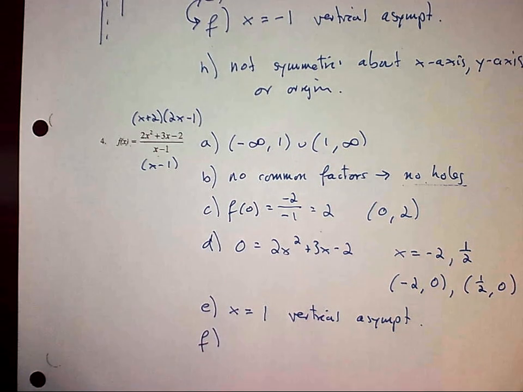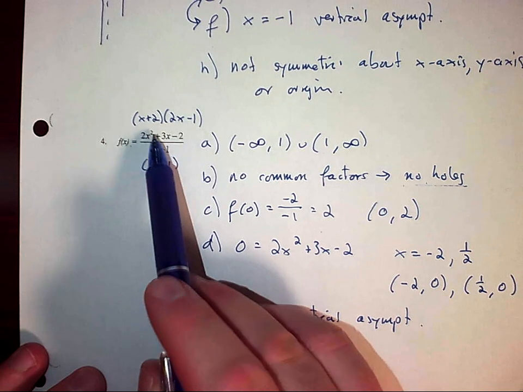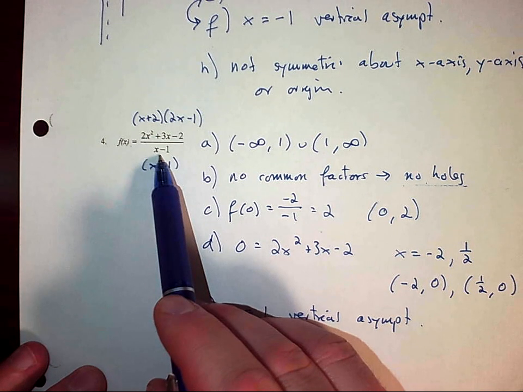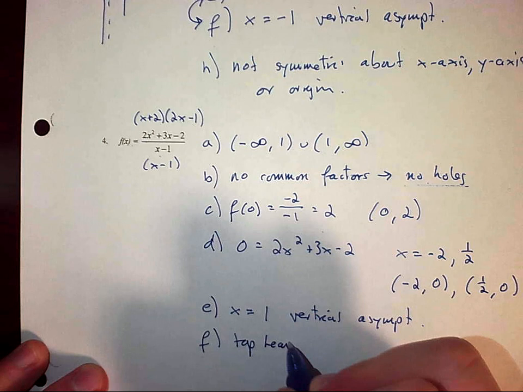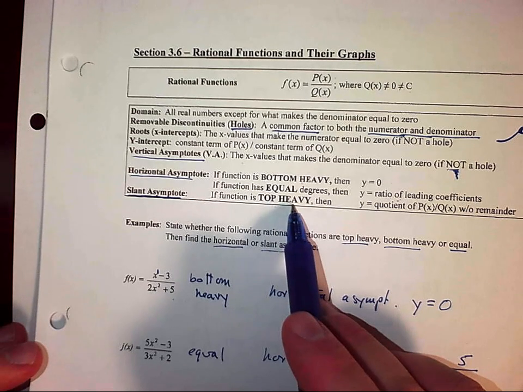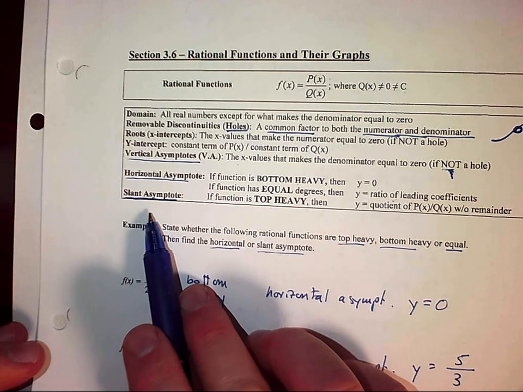Because now we're going to go on to F, and F is asking us for horizontal or slant asymptotes. So for horizontal and slant asymptotes, we're going to compare the degree of the polynomial in our numerator to that of the denominator. Here I think we'll all agree now that we're top heavy. And if we're top heavy, we see that we're going to have a slant asymptote.